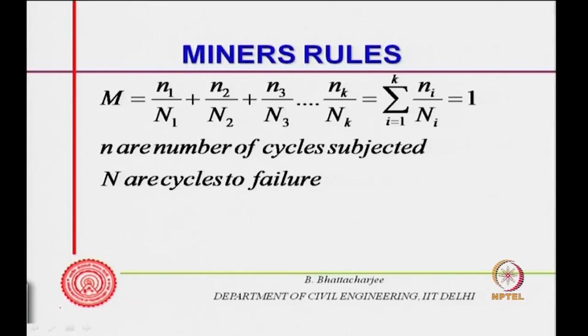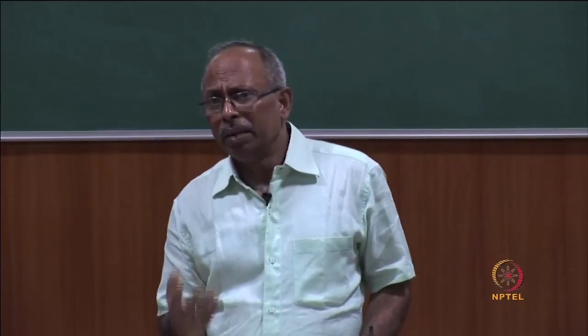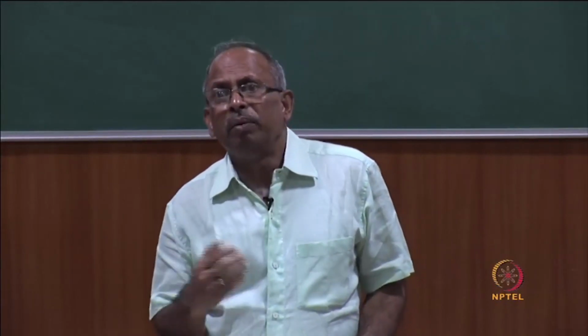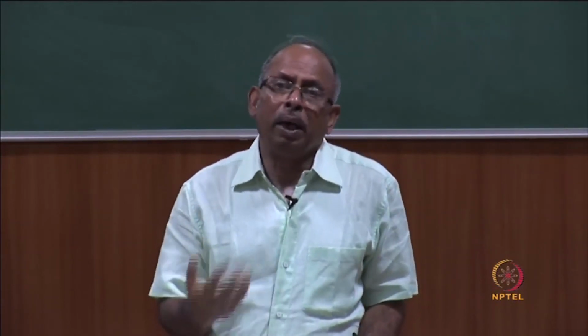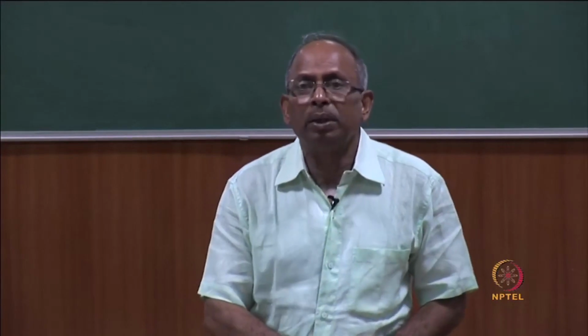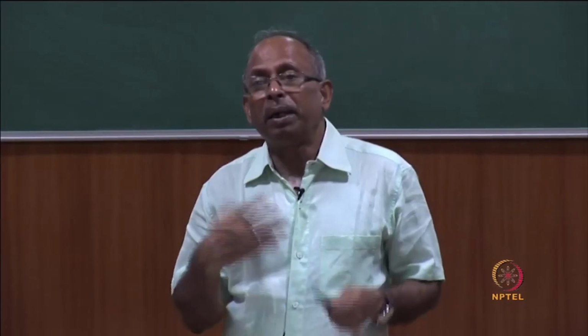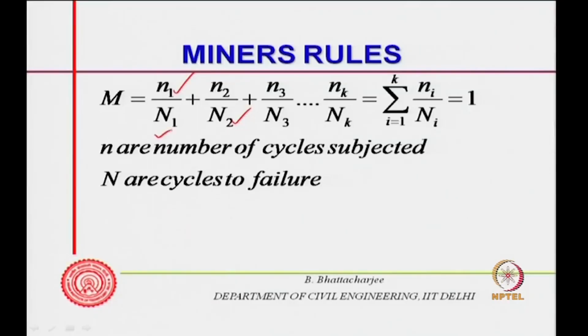Supposing in a bridge I know the vehicular load and its pattern until now, and n1 number of cycles have occurred under that kind of load. Now, suddenly the load pattern has changed, and we know that the failure number corresponding to this is N2, and N1 is the number of cycles to failure for what has been happening so far.